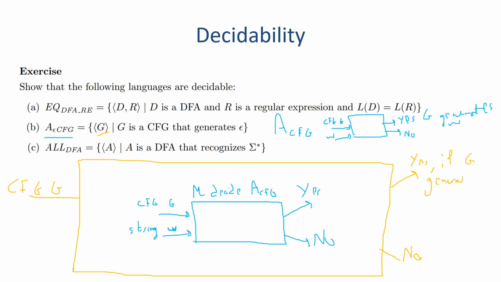So it's a specific use case of this more general language. With the blue part, we're saying, give me a string W, I'll be able to tell you if G generates it. Whereas here we're saying, give me just the grammar G, I'll be able to tell you if it generates epsilon, and no otherwise.